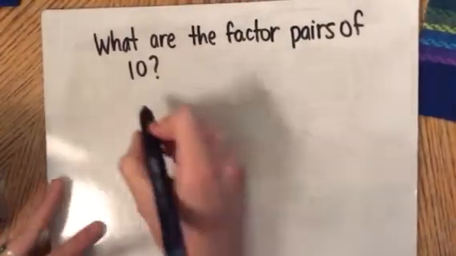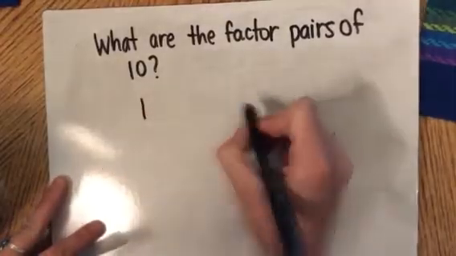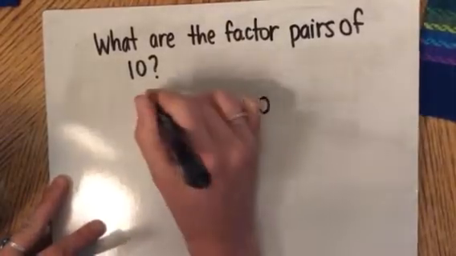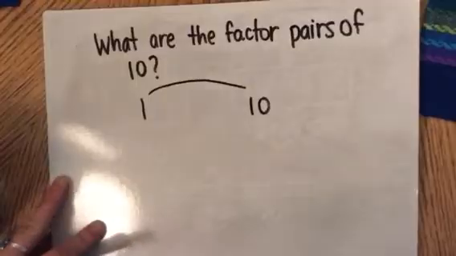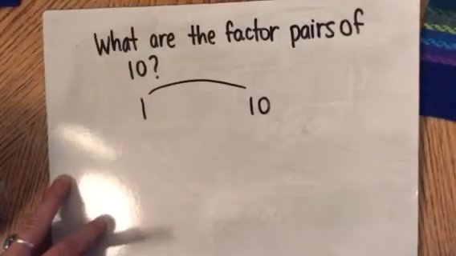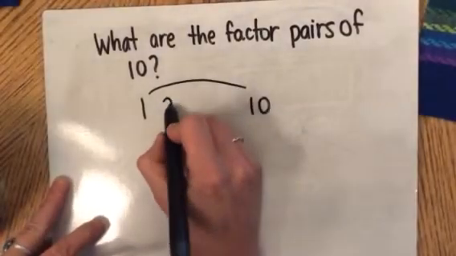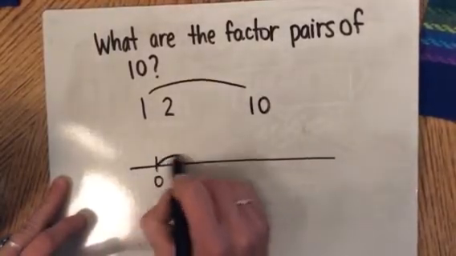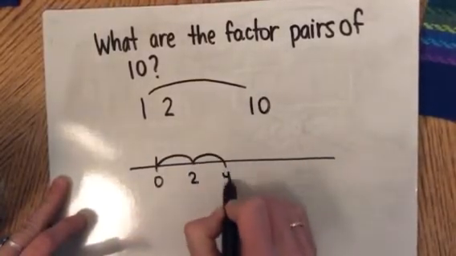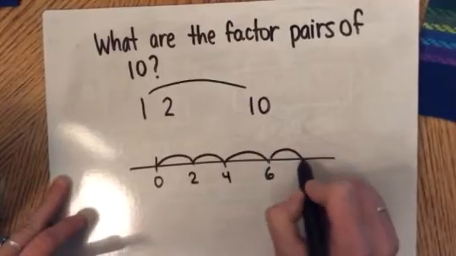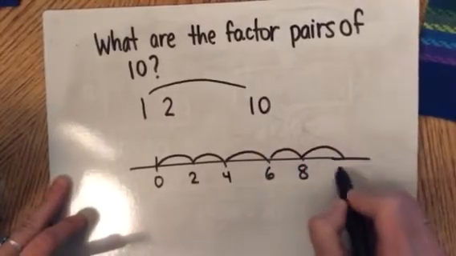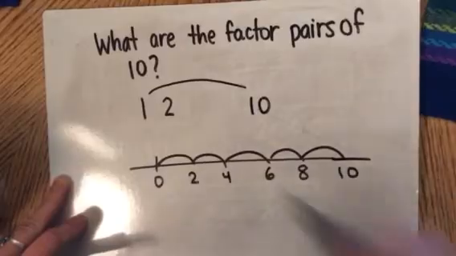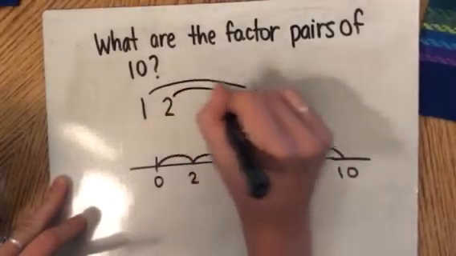So think to yourself, I know I can make 10 by multiplying 1 and 10. Okay? What number do we need to try next to make sure we get all of them? We need to try 2, right? Can I multiply something by 2? Let's check on a number line. 2, 4, 6, 8, 10. Yep. How many times did I skip count? 5. So 2 and 5 go together.